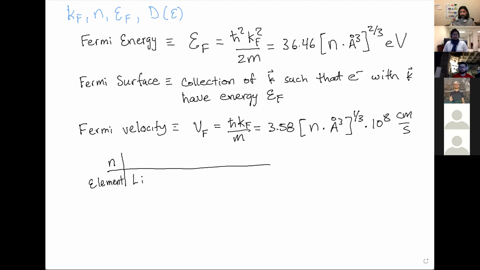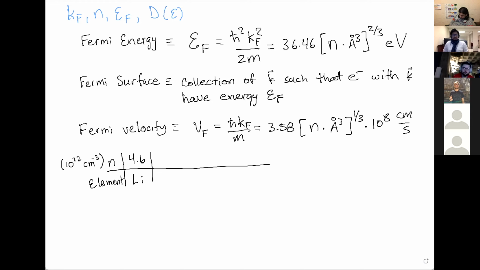Lithium has 4.6 as the value of n. And actually this n would be in 10 to the 22, these are the units that are used in papers, 10 to the 22 over centimeter cubed.